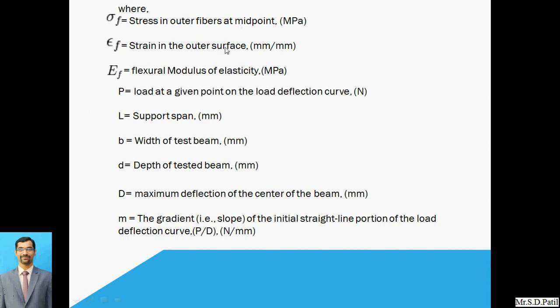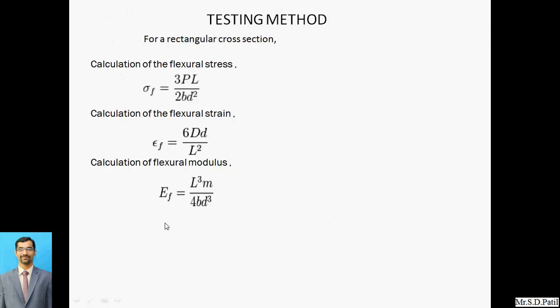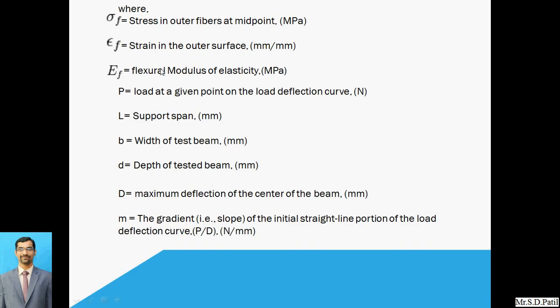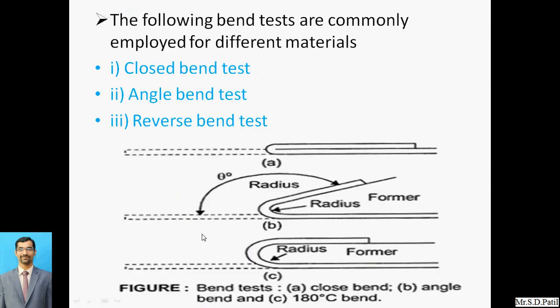Epsilon f is the strain in the outer surface. Ef is the flexural modulus of elasticity. The remaining terms: P is the load, L is the length of the supporting span, b is the width of the test beam, d is the depth of the tested beam, and D is the maximum deflection. The small m is the gradient.